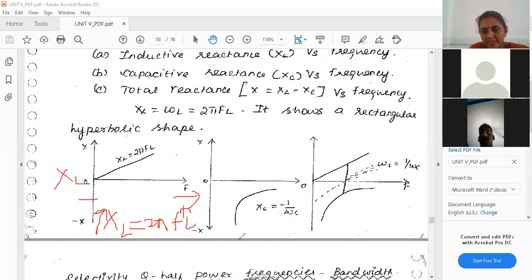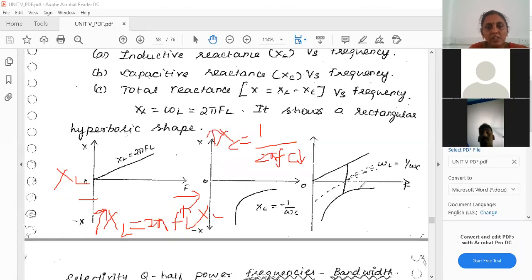Now, what about the capacitive reactance here? This is XC. The capacitive reactance formula is XC equal to 1 by 2 pi FC. So what happens here? If the frequency increases, XC decreases.